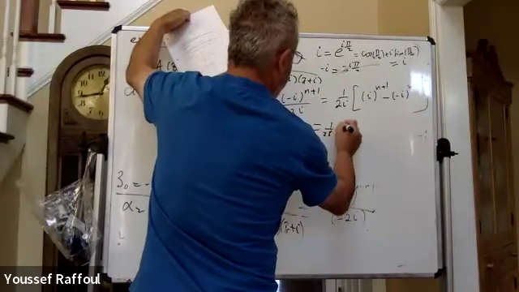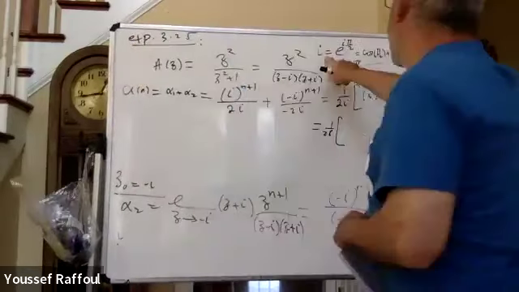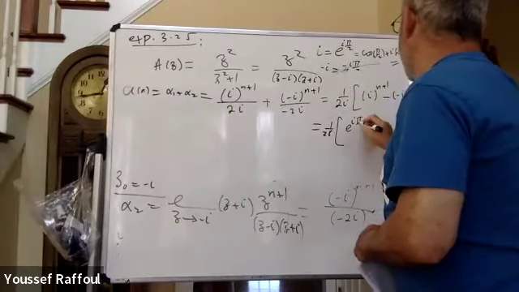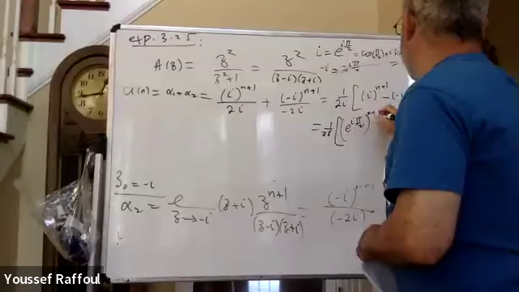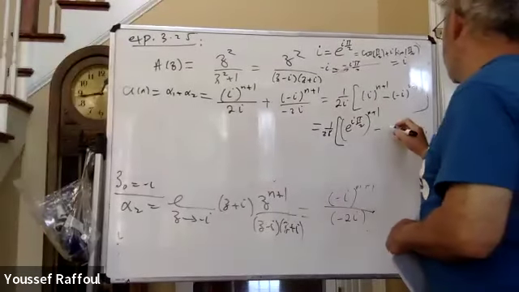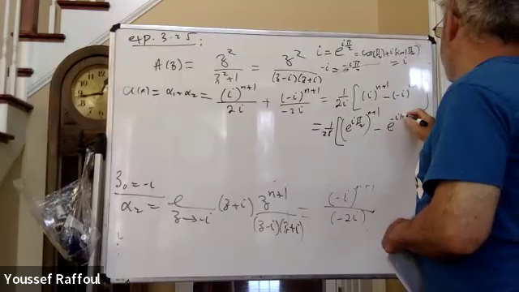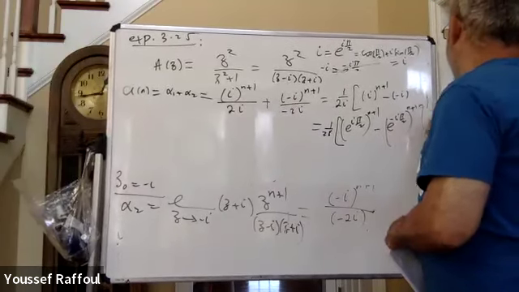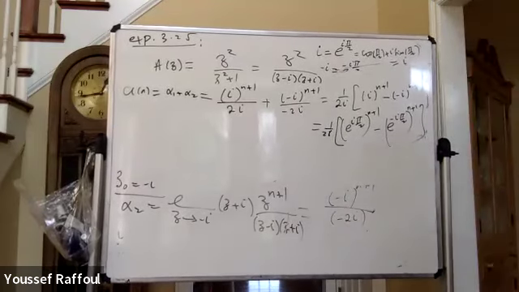And that is 1 over 2i, where i is this one. So this is going to be e to the i pi over 2 to the power n plus 1 minus e to the minus i pi over 2 to the power n plus 1. You see what happened?